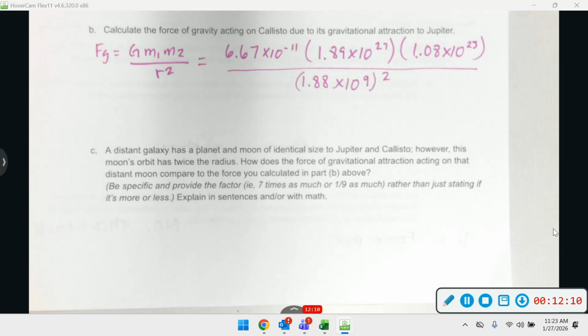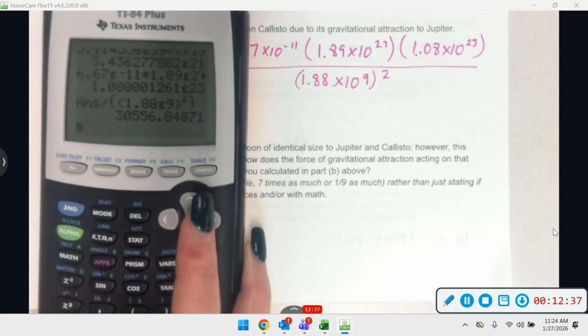So this is now what we're going to enter in. Let me go ahead and do that on the calculator. 6.67 e negative 11 times 1.89 e 27 times 1.08 e 23, and then all of that divided by 1.88 e to the 9th squared. And this is what we get.